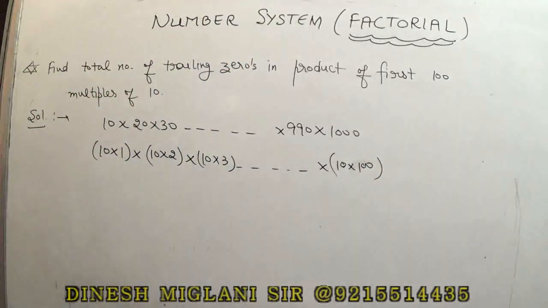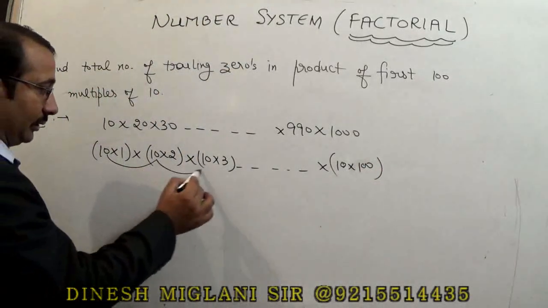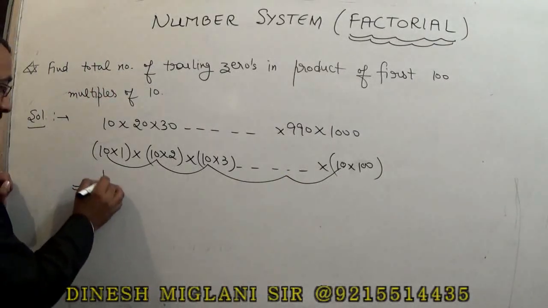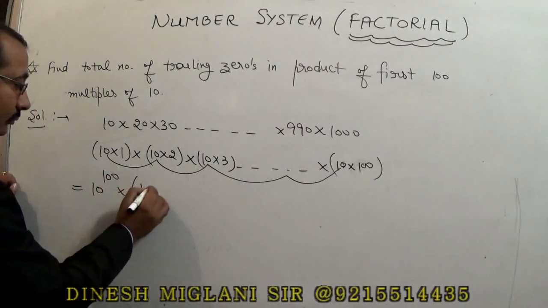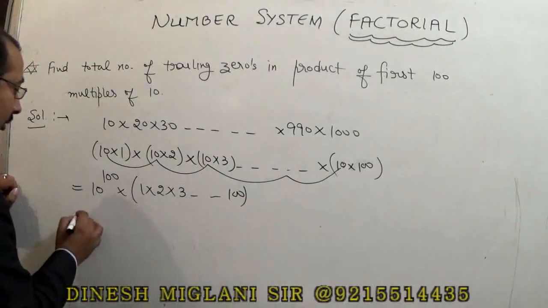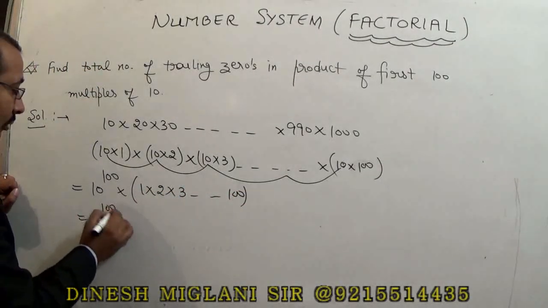Now what I can say is 10 into 10 into 10 for 100 times. That gives me 10 raised to power 100 into 100 factorial.